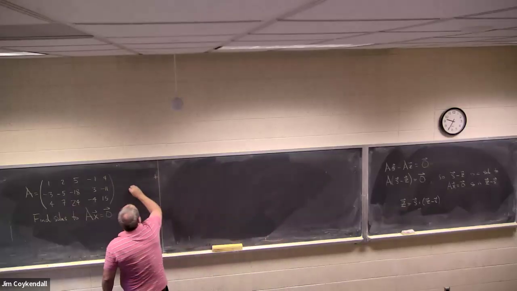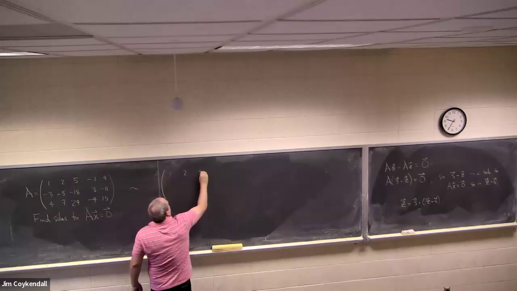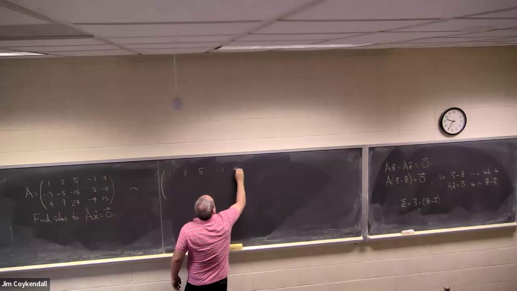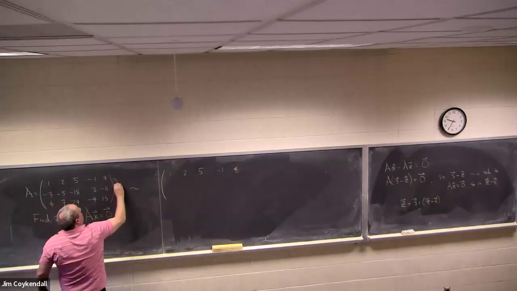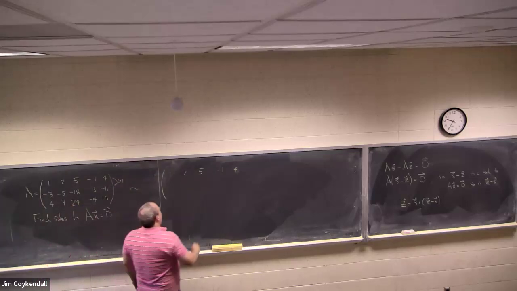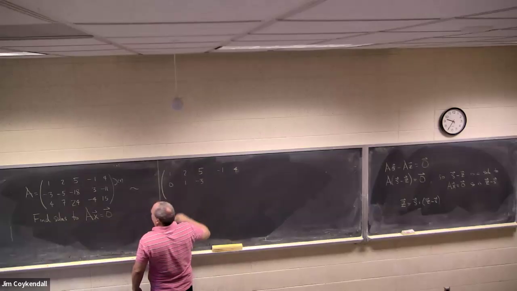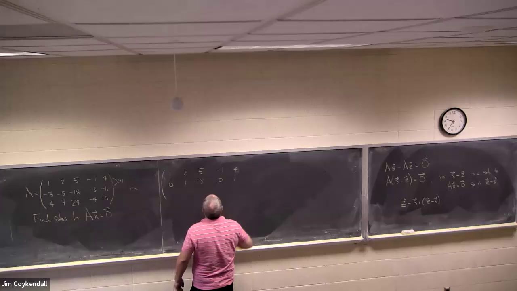Okay, the first thing I'm going to do, so this is again with the row reduction, 2, 5, my little 1, 4. I'm going to multiply this column by 3 and add it here. So that's gonna give me 0, 1, minus 3, 0, 1.